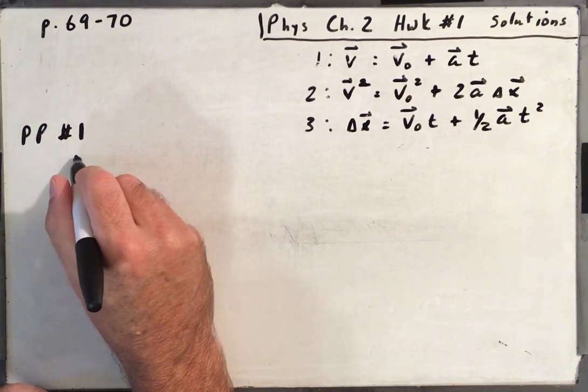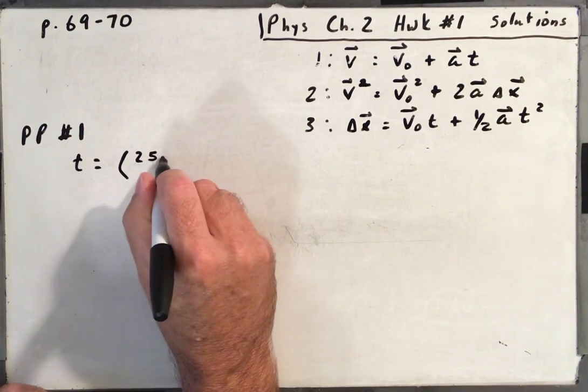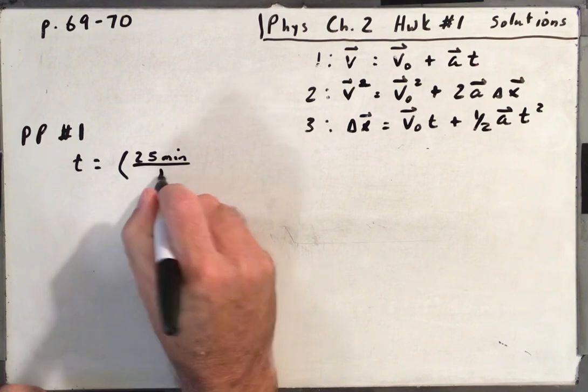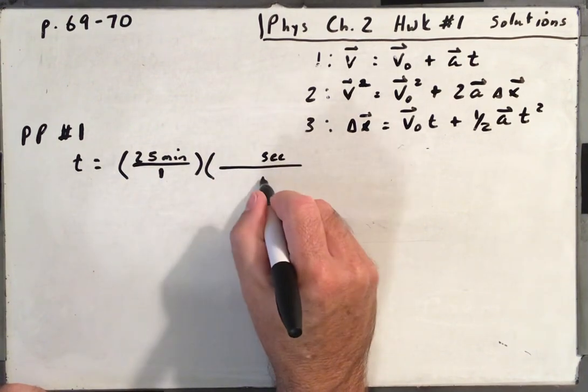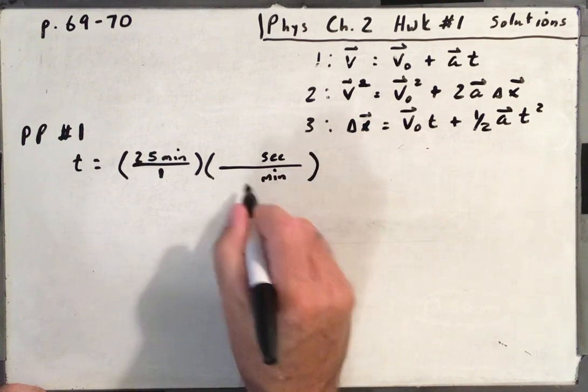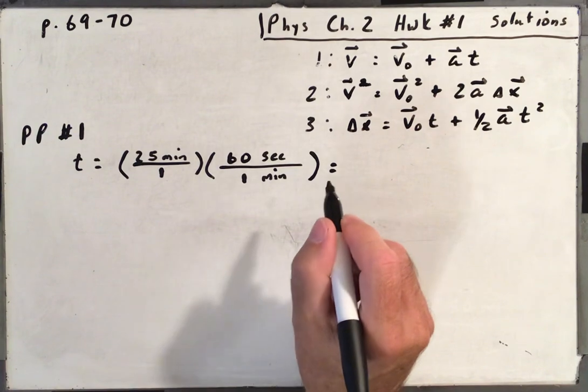So time, let's change 25 minutes into seconds. Put minutes on the bottom. One goes by the bigger one. There's 60 seconds in a minute.